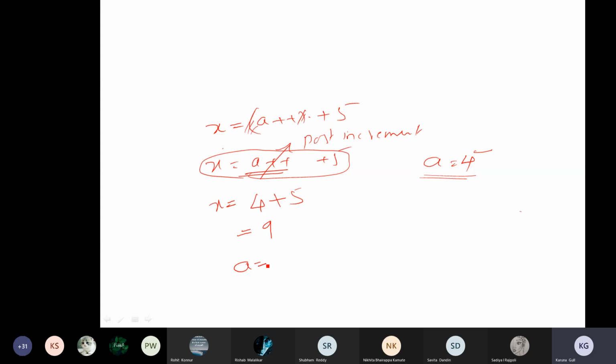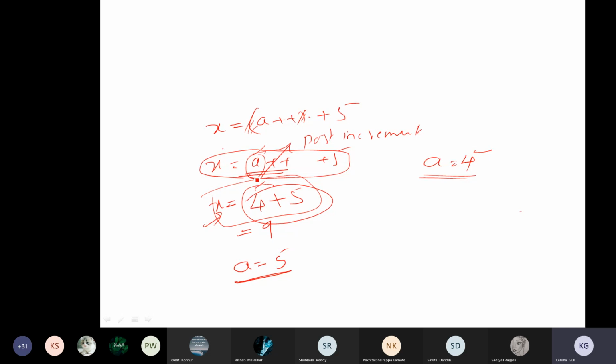Then if you check the value of a, you are going to get a value of 5, not 4. I hope I am making it clear. Post-increment means the previous value of a will be used inside the expression, but after evaluating that expression, the value of a will be incremented. That's the meaning of post-increment.